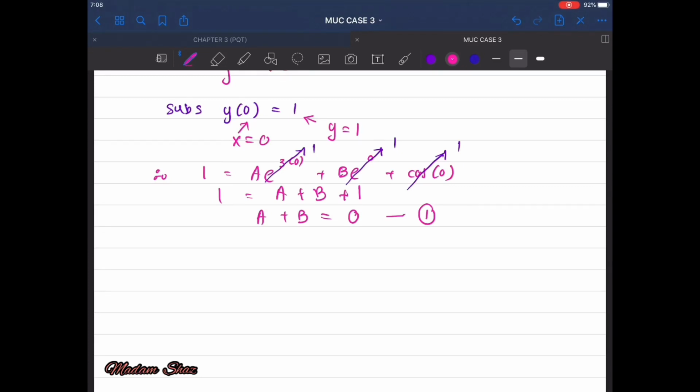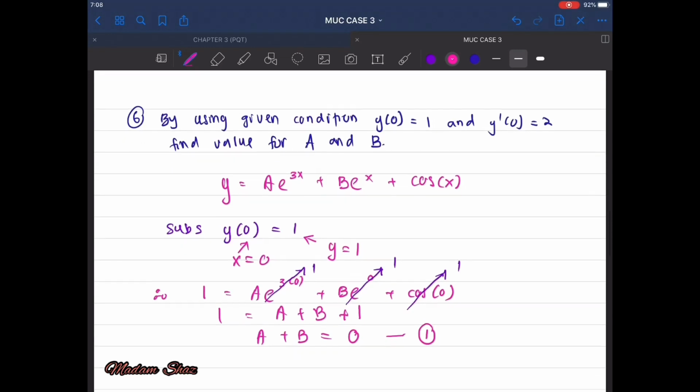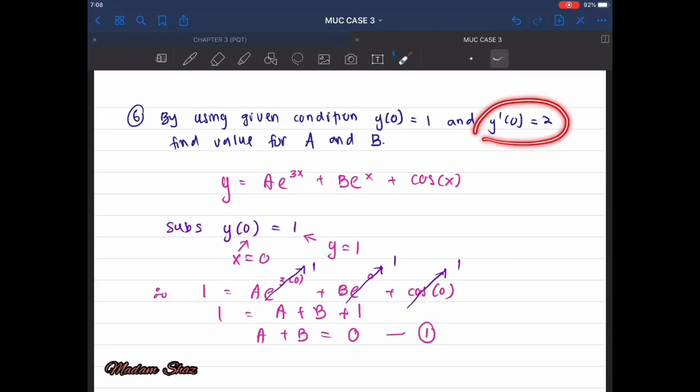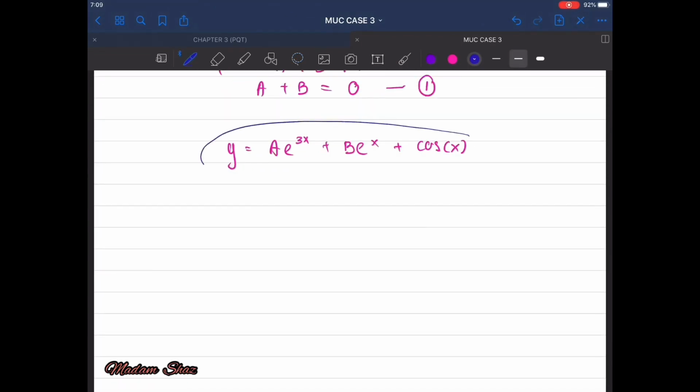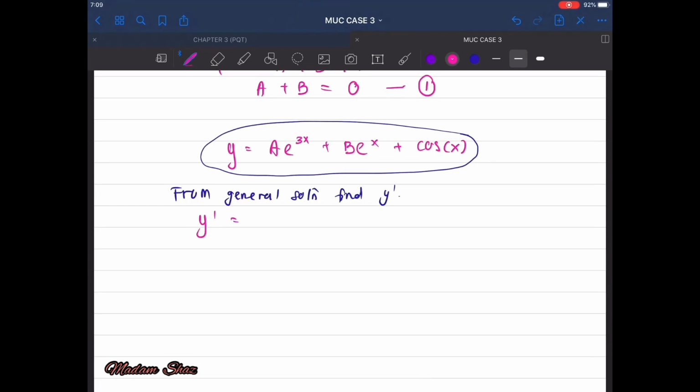So now in order to substitute the second condition, which is y prime equal to 2, y prime means that you have to differentiate the general solution first. From the general solution, find y prime. So now you have to differentiate. Y becomes y prime. A exponent 3x will become 3A exponent 3x.